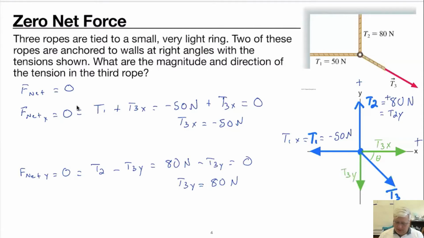We know that the cosine of the angle is equal to the adjacent over the hypotenuse. So that would mean T3x is going to be T3 cosine theta. And so then T3y would be T3 sine theta.